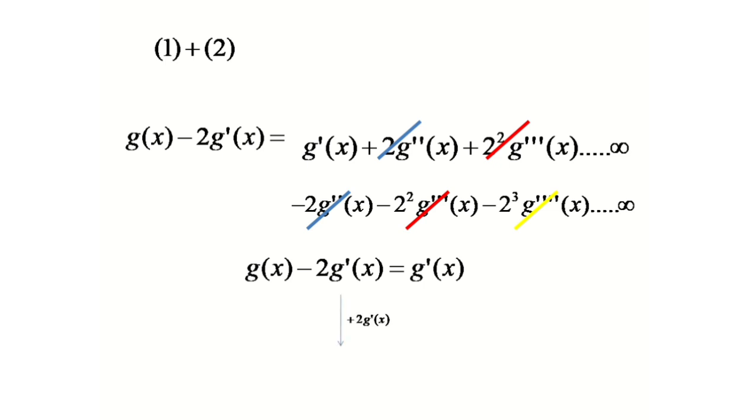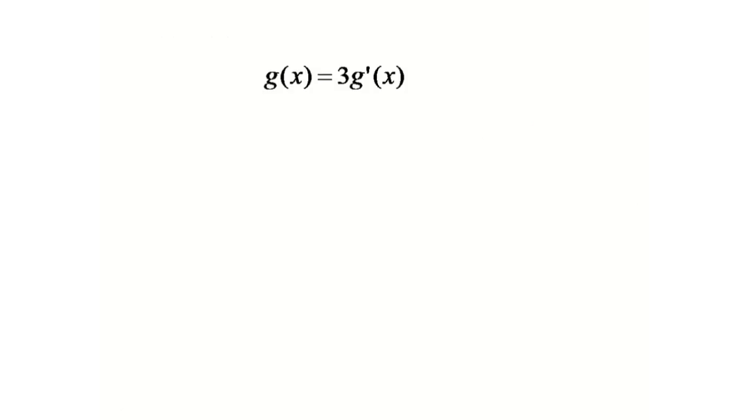So now after adding 2 times g dash of x on both the sides, we will get g of x is 3 times g dash of x, which is now not an infinite differential equation. It's now just a finite, easy to solve differential equation. So now let's try to solve it.